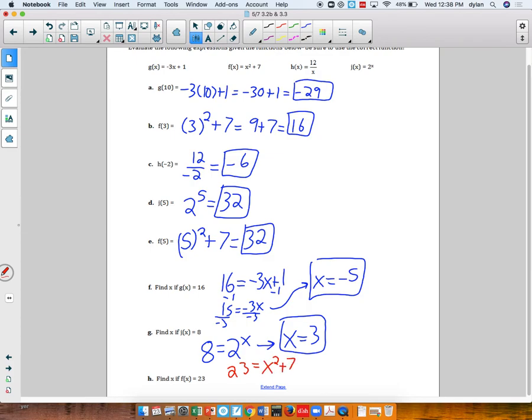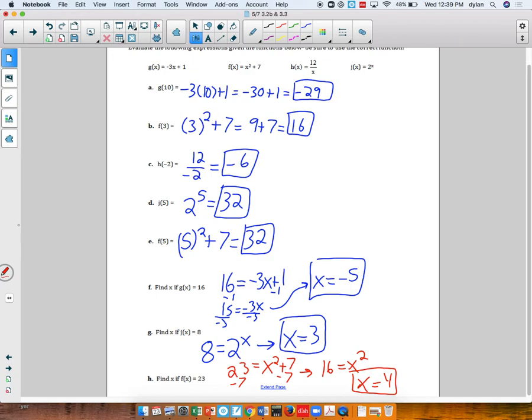I'm going to take away 7 from both sides, which leads to 16 equals x squared. And similarly, you don't necessarily know algebraically yet what to do here, but you do know that 4 squared equals 16, which tells you that x equals 4 for this problem. So this is how you use function notation in either direction.